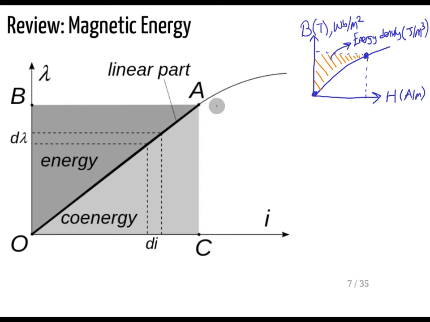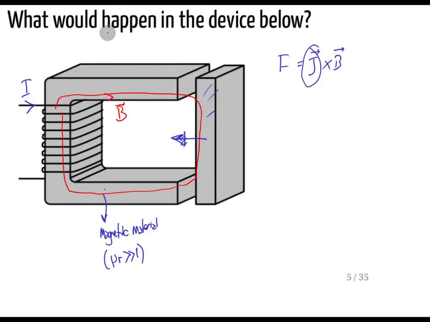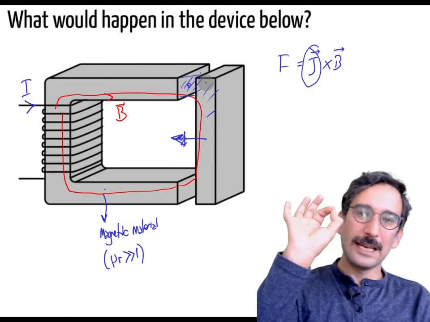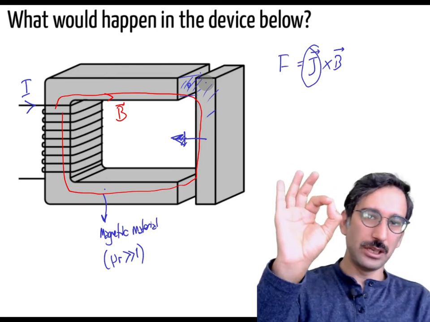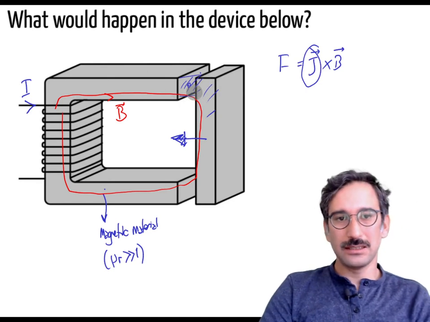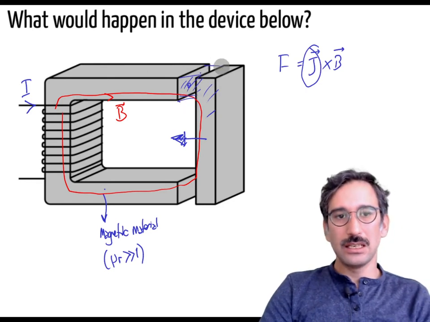Again, let's go to a previous case. For example, you can write the BH graph through here, and in the air gap you can define what is the B, what is the H, but that gives you the energy density at that point. If you want to get the total energy stored in that system, what you need to do is integrate it over the volume.